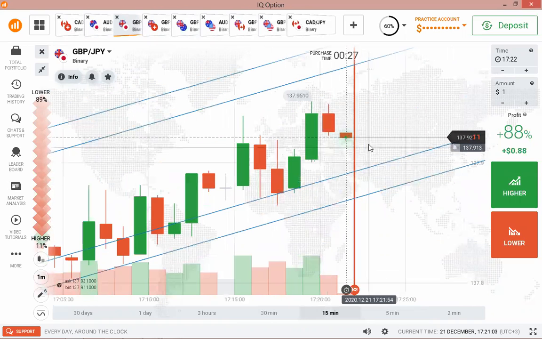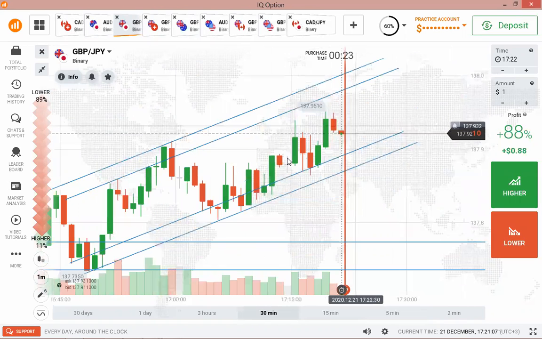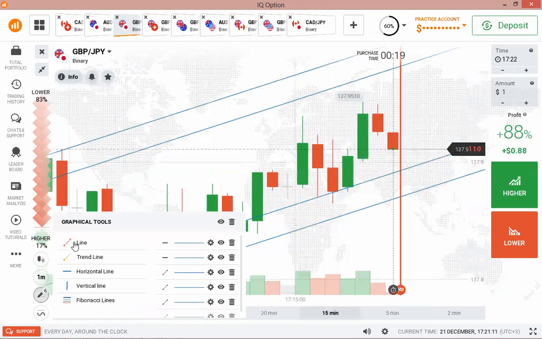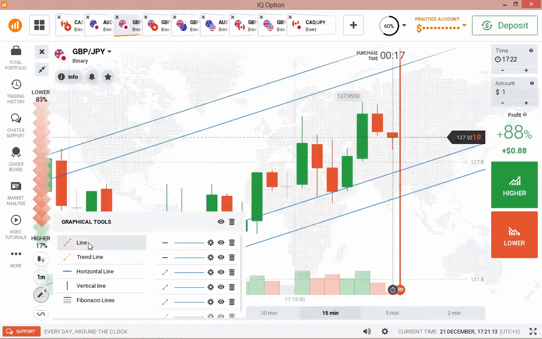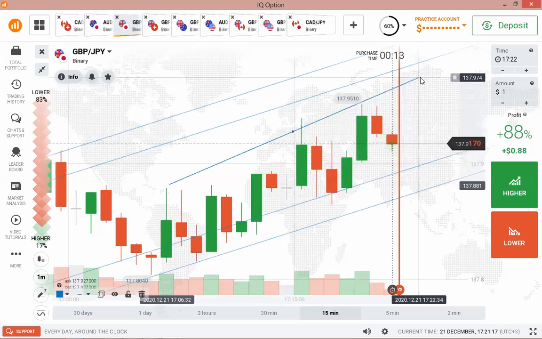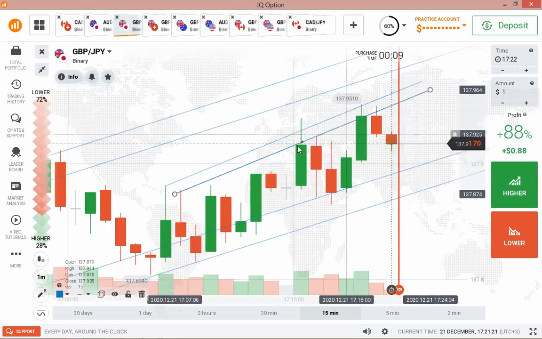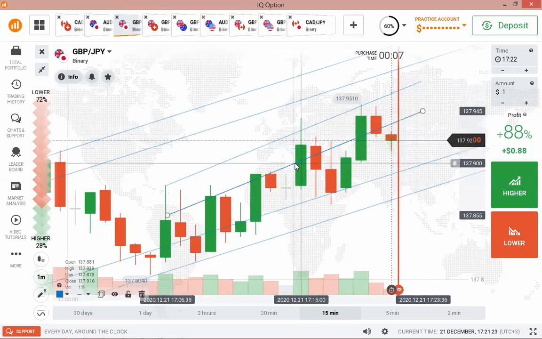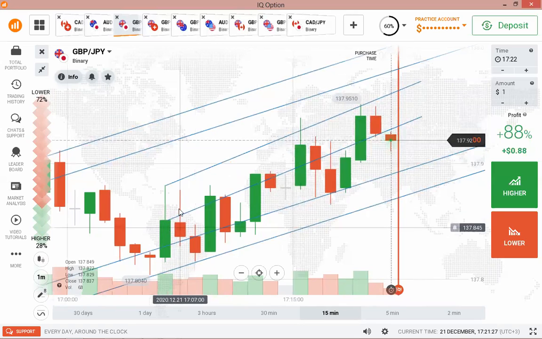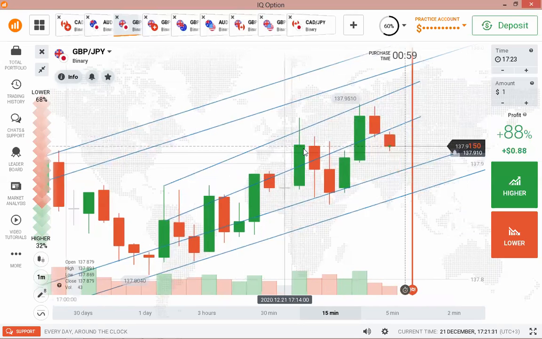Now our resistance area is this. But currently we can see some minor resistance here. We can also draw the minor resistance here, but do it in favor of any reversal point that occurred. Okay, I think here the market reversed. See, inside these two lines, it reversed here, it reversed here, it reversed here.